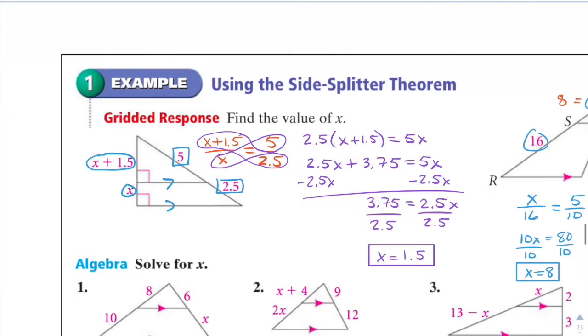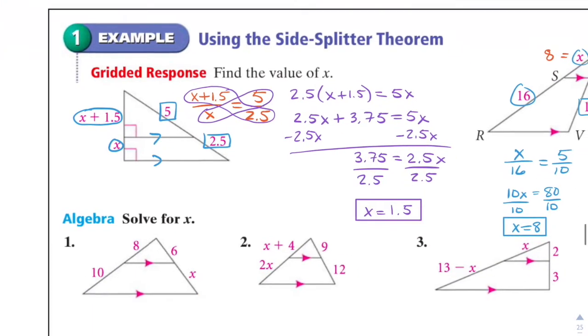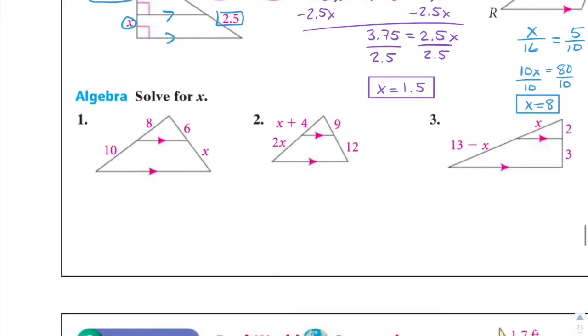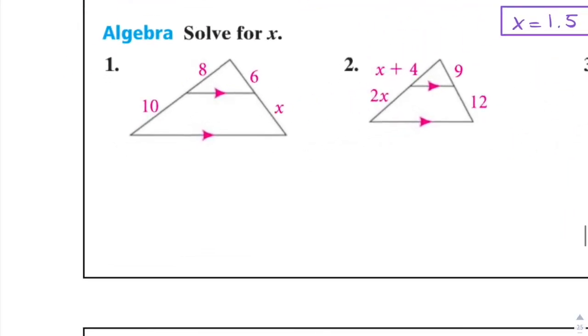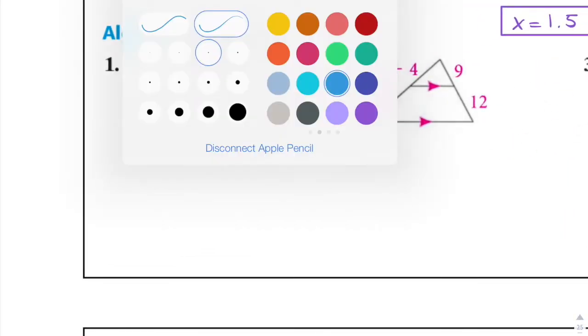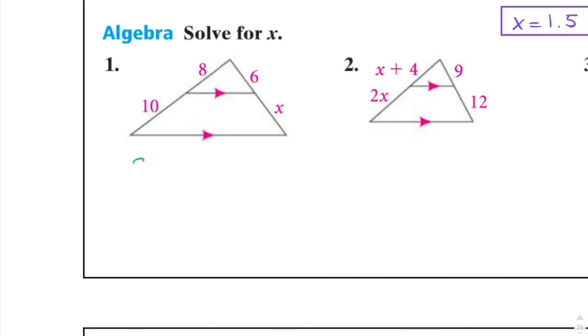All right. And here's a couple more. So I gave you a couple more practice problems. I'll do them quickly. 8 over 10 equals 6 over x.